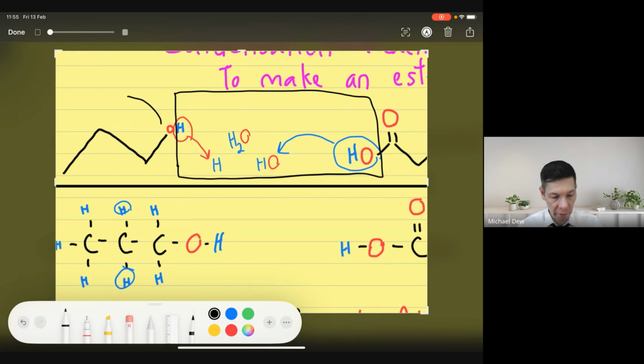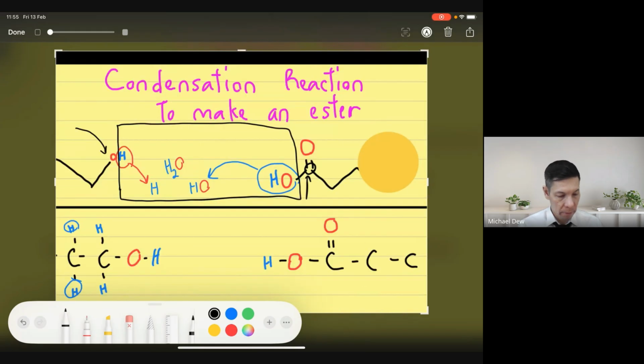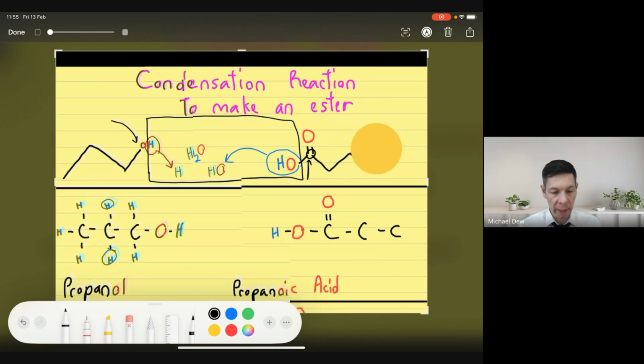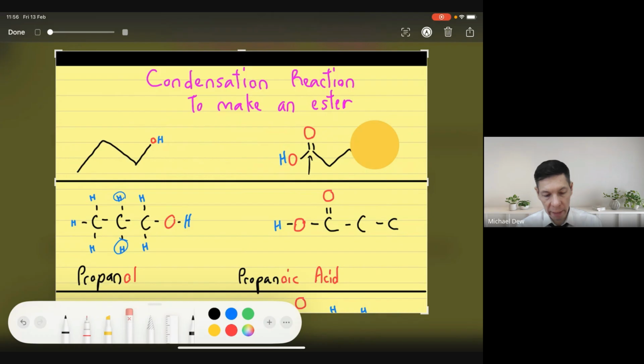So you have just this O connecting over here to this carbon. The H comes from the alcohol, and the carboxylic acid will lose the OH. That's denoted here at the bottom.